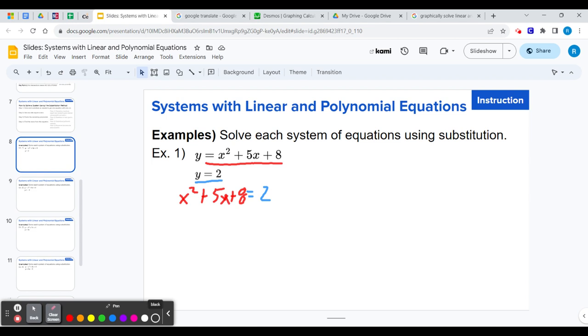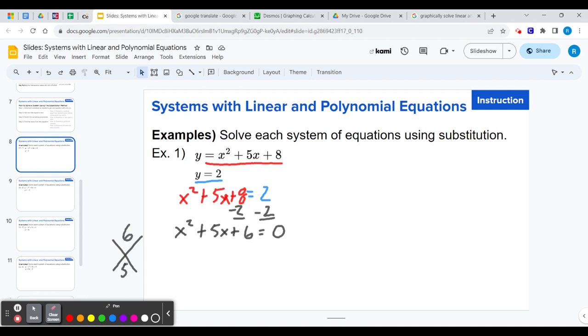Now I want to set one side equal to 0, and we're going to see why that's valuable in a second. If I subtract 2 from both sides, that brings that over. We then get x squared plus 5x plus 6 equals 0. The next step tells us to put it in factored form. If we use our side puzzle, I'll mark this on the side, don't feel like you have to do it.